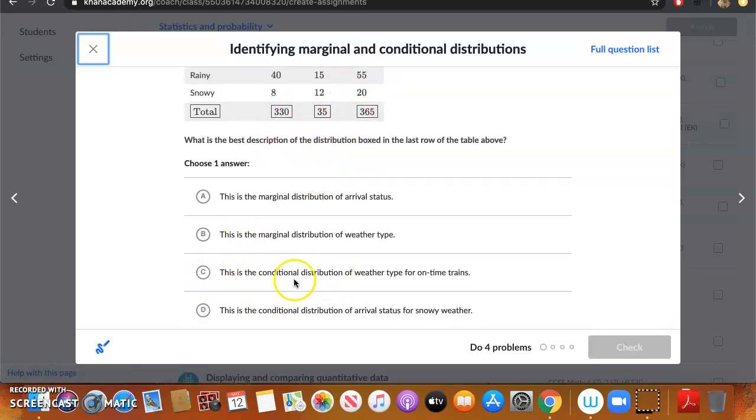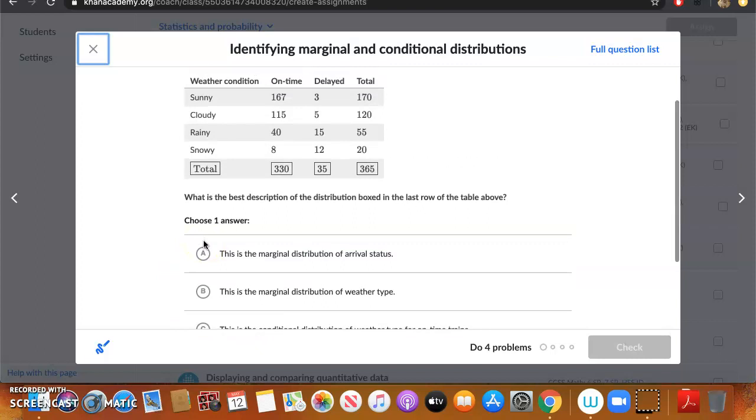And these are not conditional distributions because they only deal with one variable, whether it's on time or not, the arrival status. These numbers don't tell us anything about the weather conditions. They're not broken up into the weather conditions. So these two, and then the conditional distribution of arrival status for snowy weather, do not look like the answers.